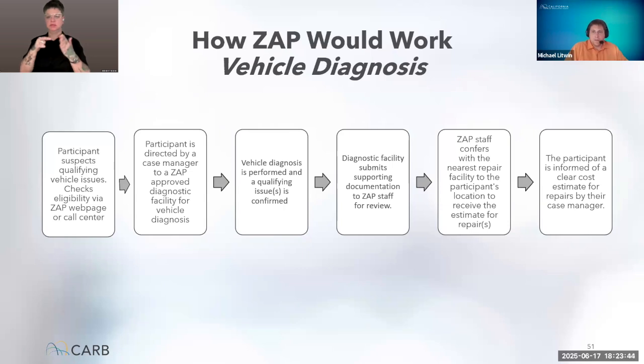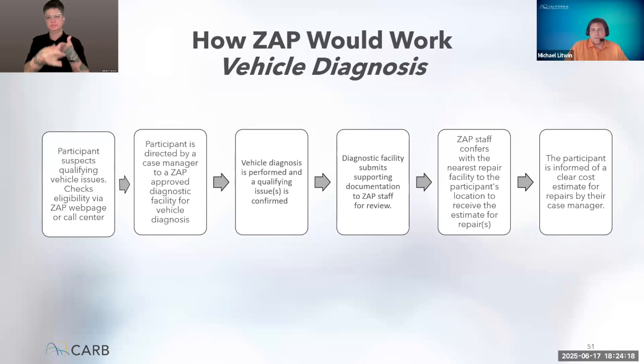The participant suspects issues with their battery or fuel cell component or other system critical components. The participant checks their eligibility for ZAP via a microsite or call center and starts an application. The participant is contacted by a case manager and directed to a ZAP approved diagnostic facility for vehicle diagnosis.